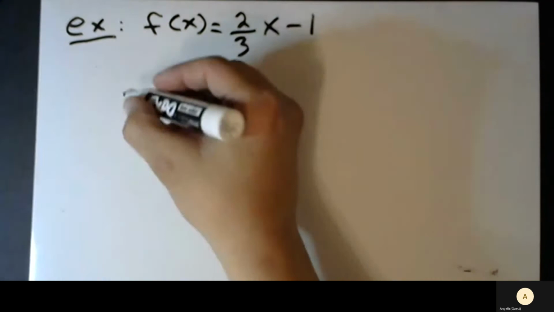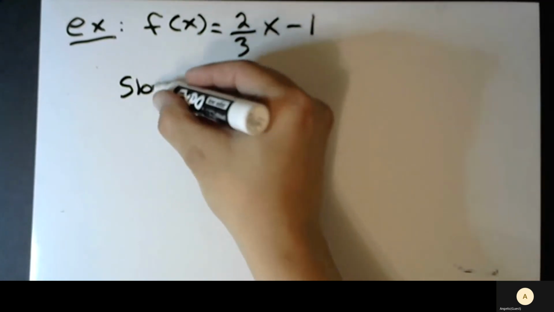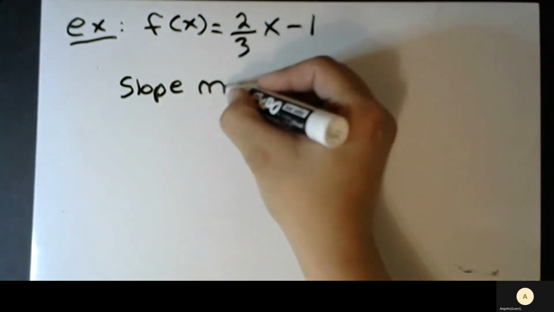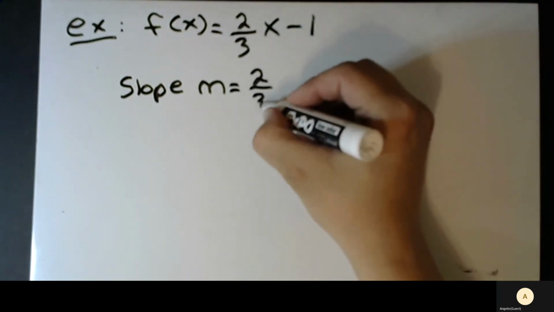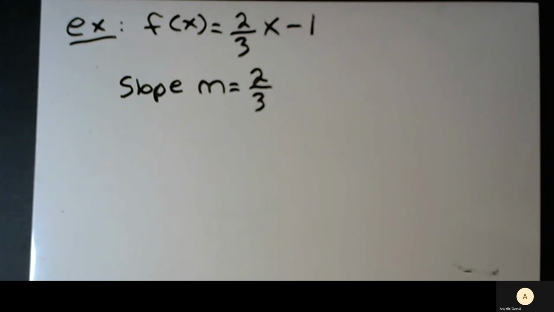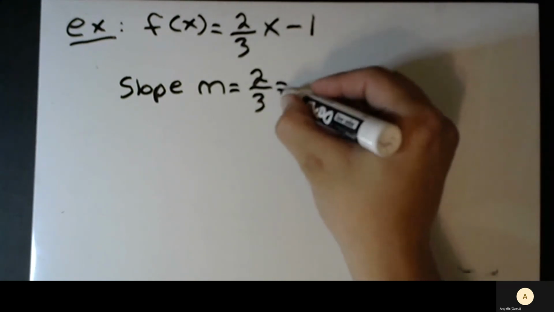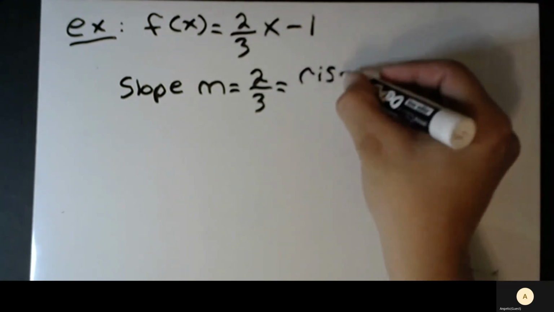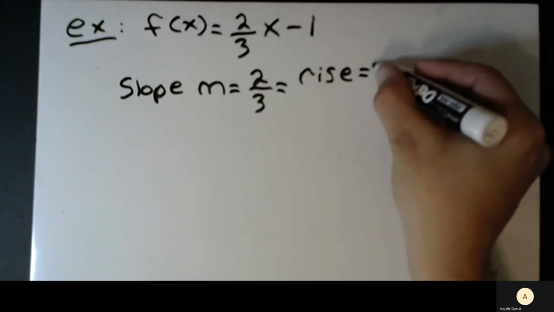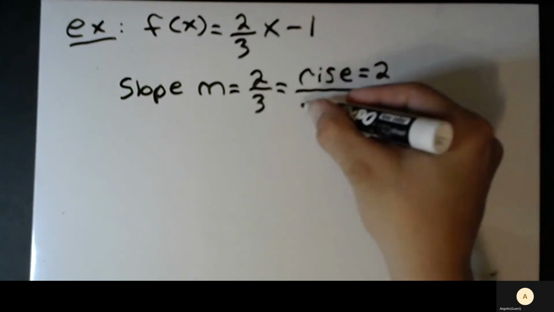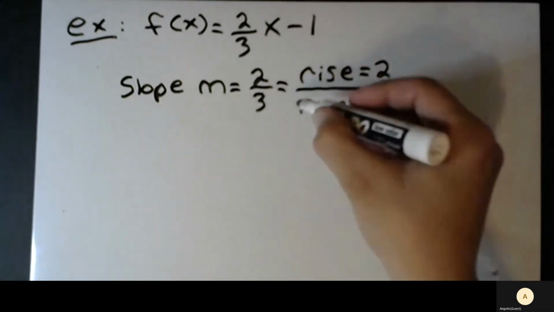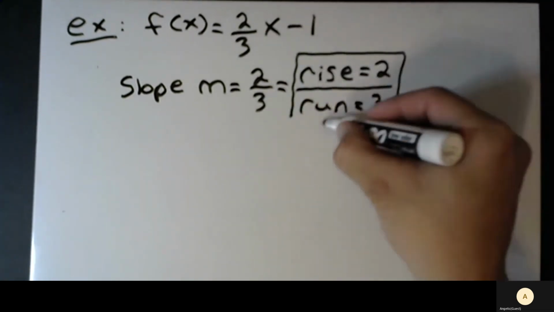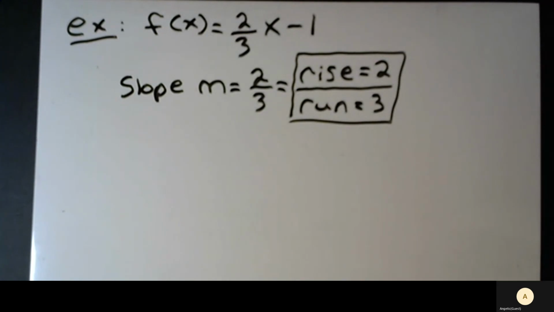Now, if we're looking for the slope m, it's the number attached to this x. So that's going to be 2/3. But it's going to have a rise and a run. So we're going to get a rise of 2 over a run of 3. So that's how we can read rise over run off of a function.